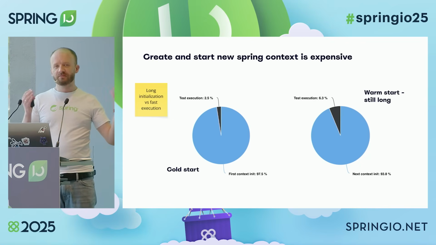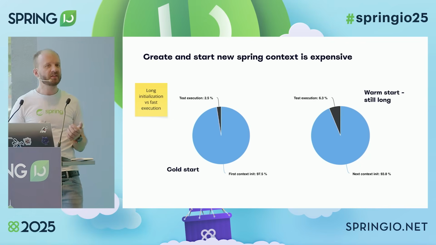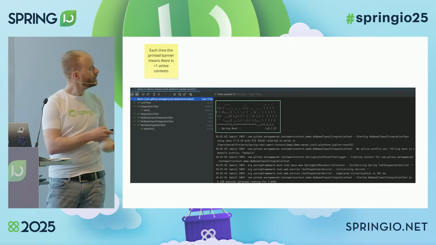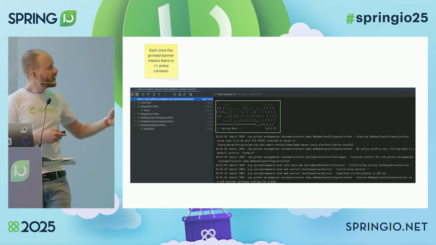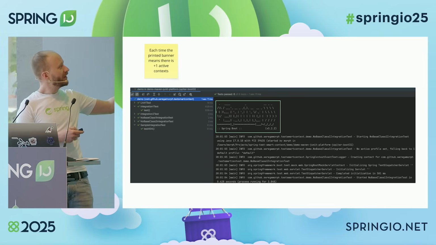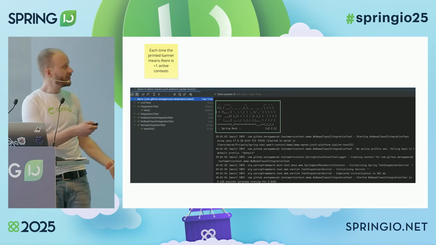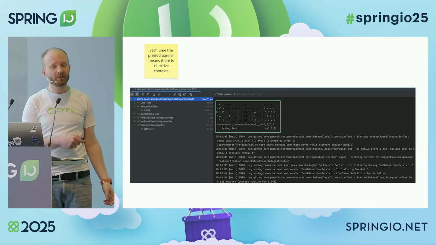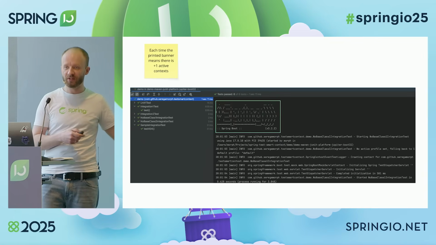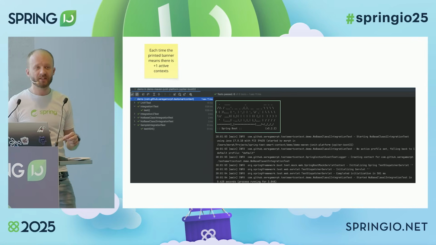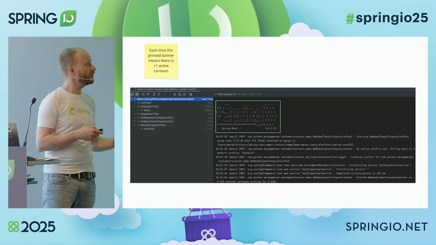But if it's 50-50, it's still a considerable percentage. So if you run your test suite with default settings, each time you see the Spring banner in your log, it means that a new context is created. So you can more or less estimate how many contexts are created during the test suite.